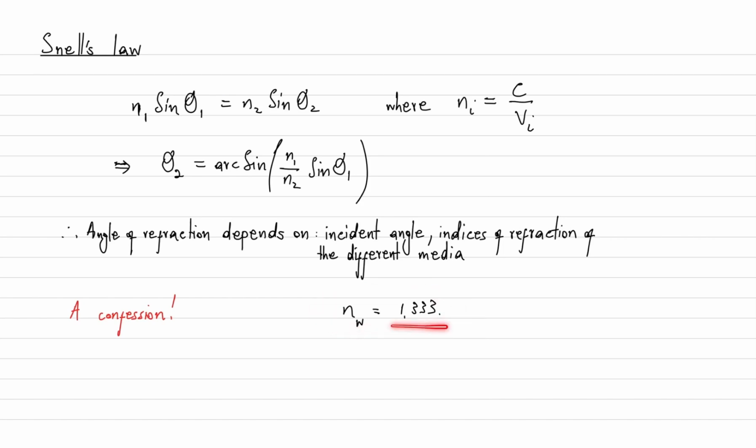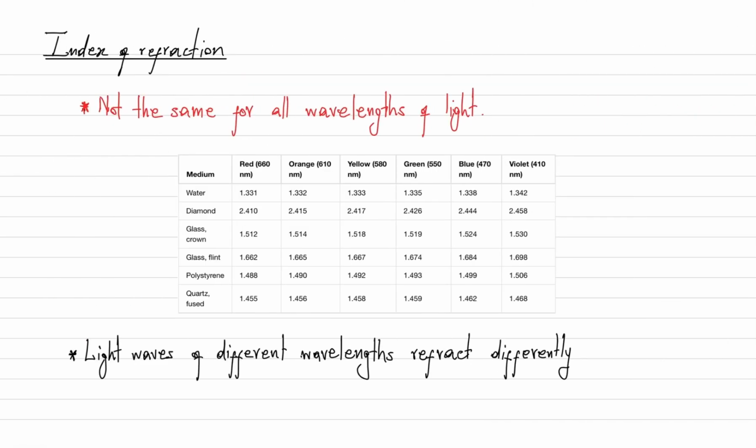It just means we have quoted an index of refraction for a particular wavelength. So what about orange light? When orange light travels through water, its index of refraction is 1.332, whilst yellow light is 1.333, and green light is 1.335, and so on and so on. The point is, not all wavelengths of light are going to be deflected the same amount.